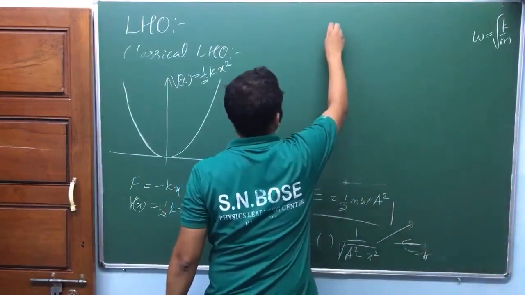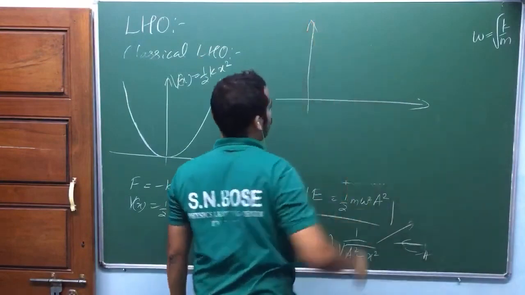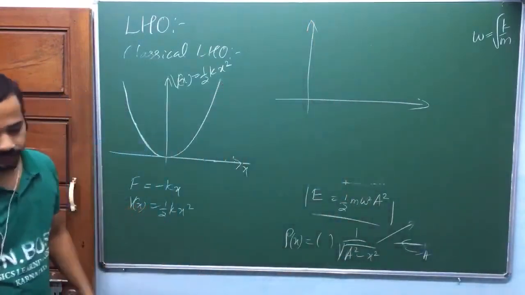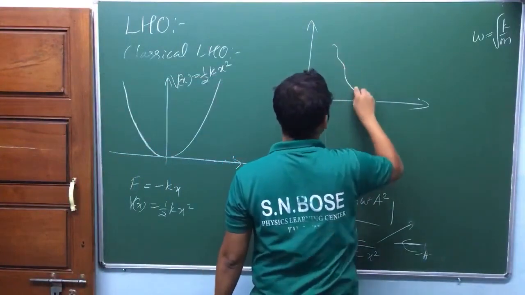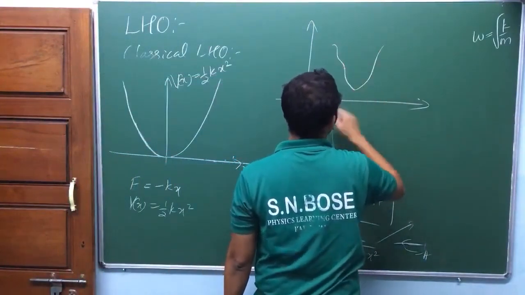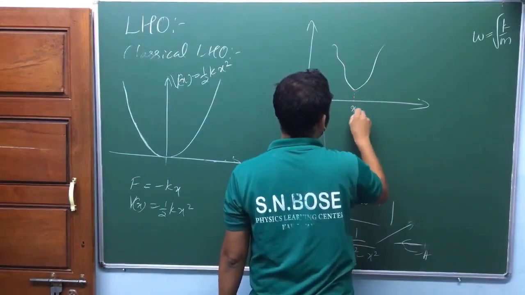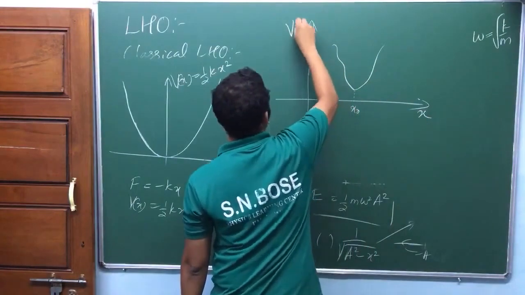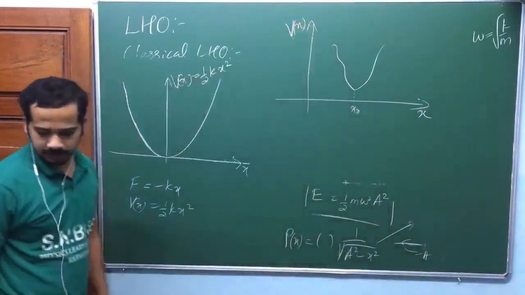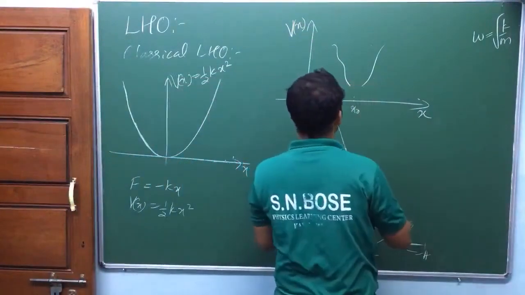Look at here. Suppose I have a potential. Again, it need not have a minima at the origin. Okay, I have some potential, which has a minima at x naught. Is that okay? I'll make it quite smooth here.